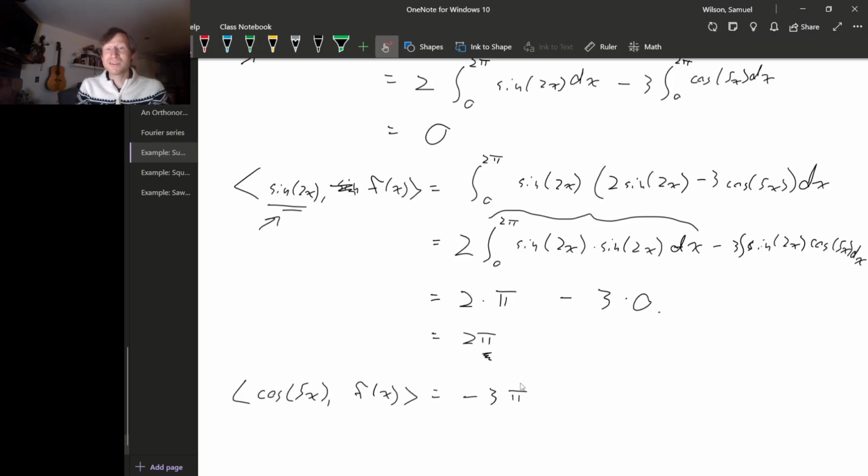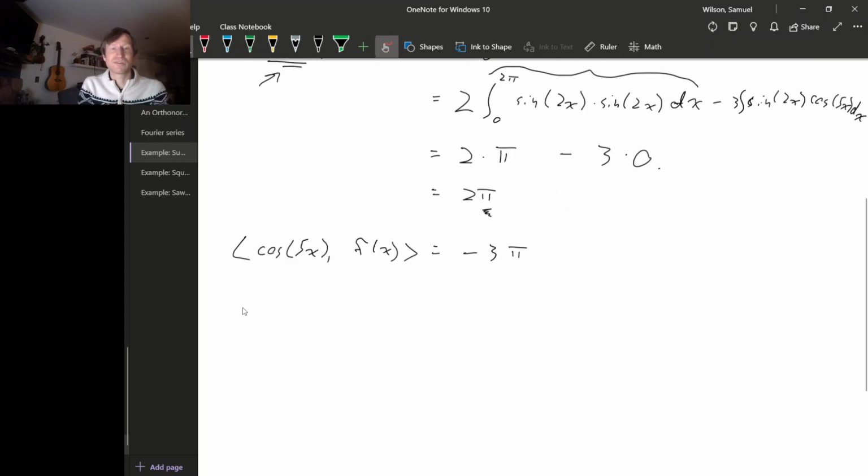Okay, so let's put these together to express our function in terms of its Fourier series. Right, so we know that this is going to be, we only need to write down the terms where the coefficient isn't 0, and of course there were only 2 of those.